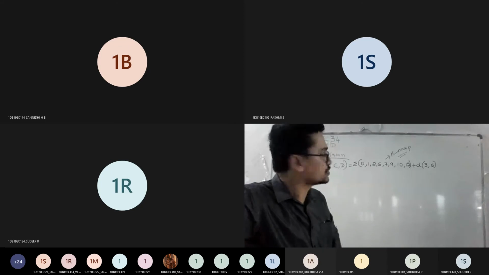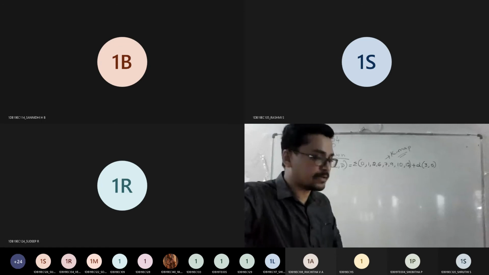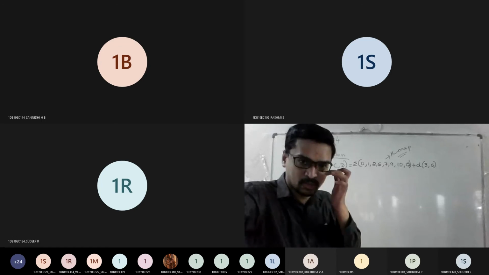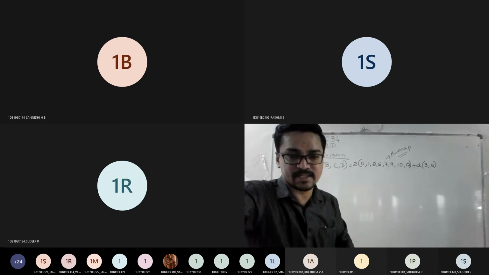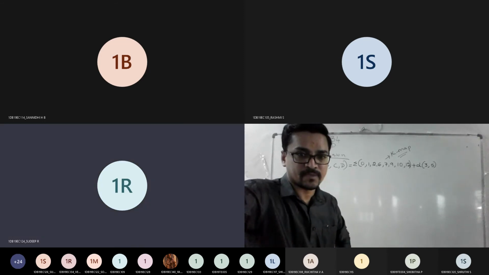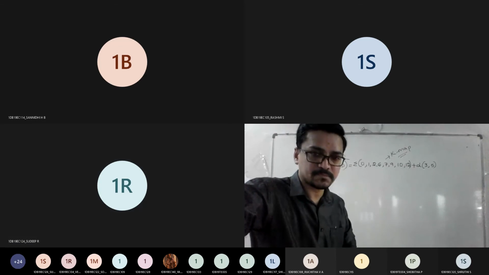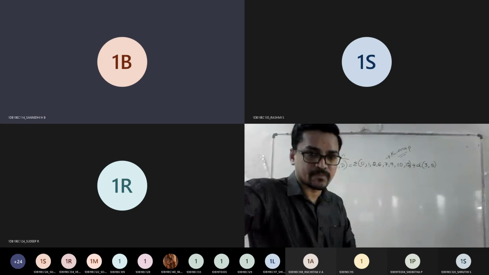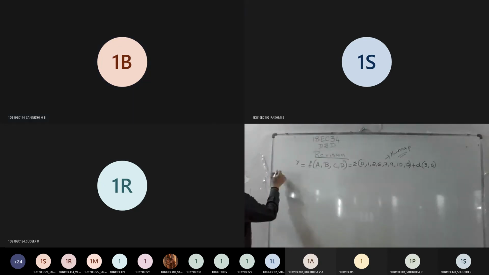So 0, 1, 2, 6, 7, 9, 10, 12 are your minterms, followed by 3 and 5, your don't care conditions. In the question they won't mention to solve Quine-McCluskey using don't care. They'll just give the question and you have to solve. So what is step 1? Truth table. You need to build a truth table, so that is your step 1.